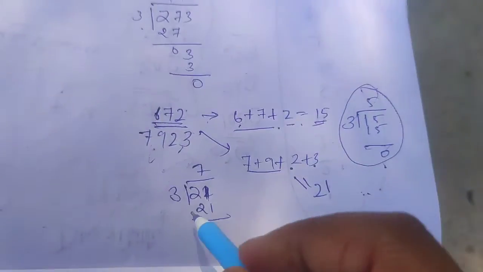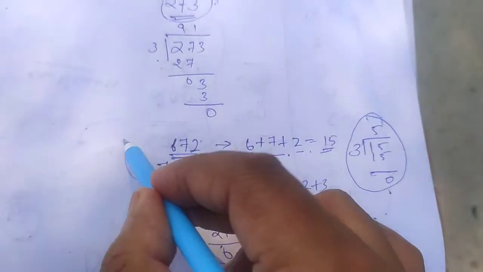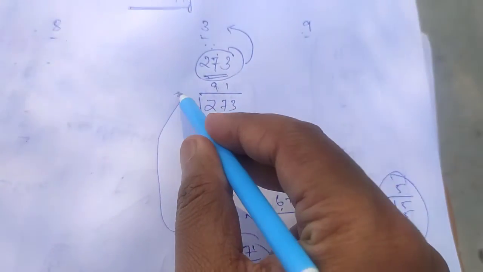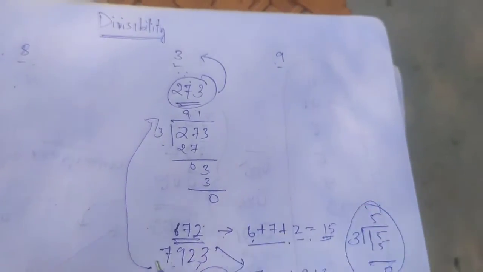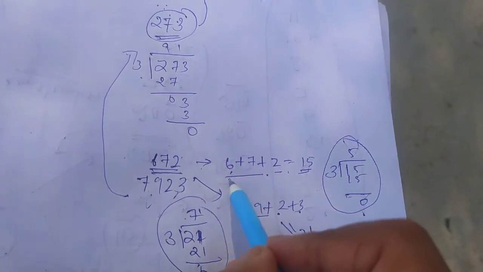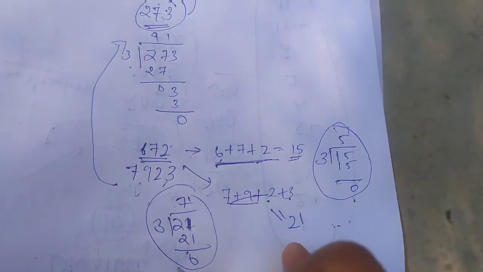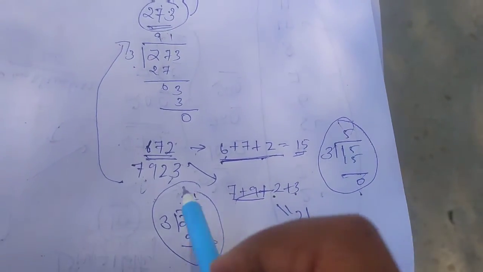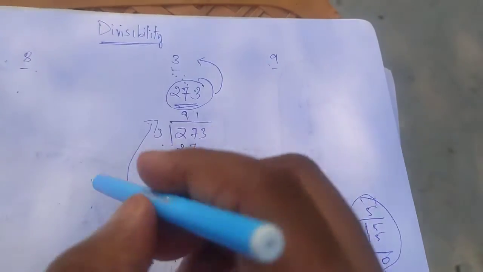Because this is divisible by 3, we can say this number is divisible by 3. So what you have to do to find the divisibility of 3 is add all the digits, then divide the sum by 3. If the remainder is 0, then it is divisible by 3.